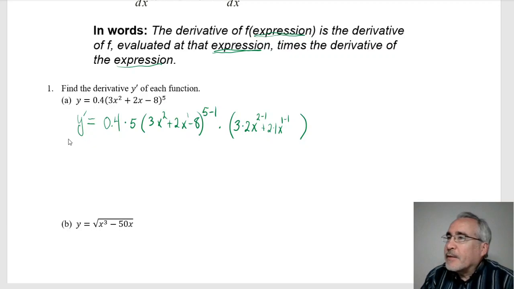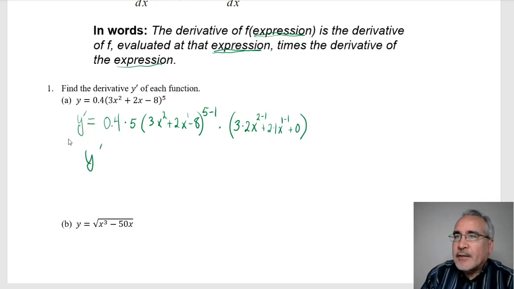And then the derivative of a constant, negative 8, that's going to be 0. I'll just put that plus 0. So that's the derivative of the inside. So notice we have really not done anything new except in the organization, taking the derivative of something on the outside and then multiplying by the derivative of the inside.